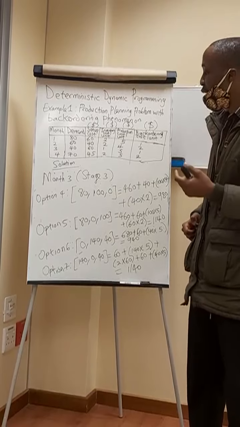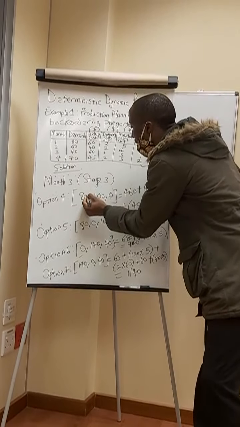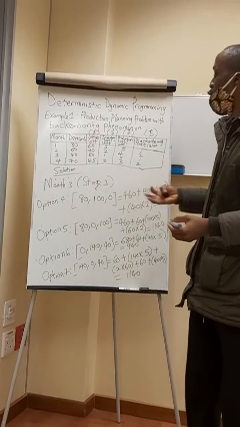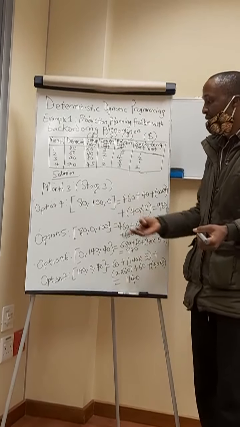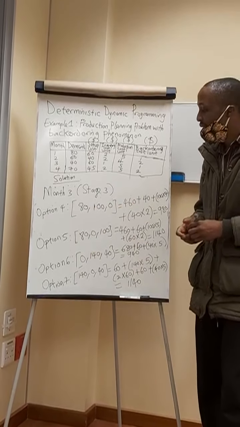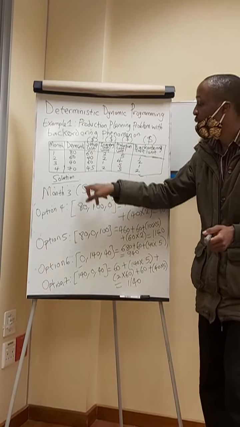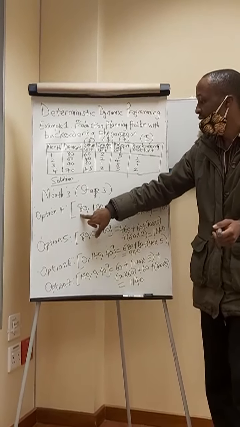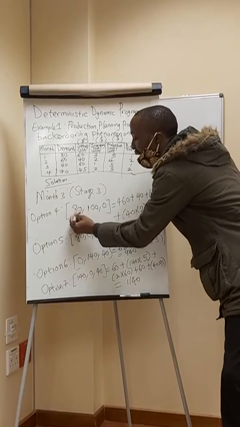How about if we meet the demand of month 1 in the best possible way, and go ahead and produce what is required in month 2 and 3 in month 2? We can consider that option. And that is what this option 4 is saying, to meet the demand of month 1 in the best possible way. And remember, when we meet the demand of month 1 in the best possible way, we only produce 80. And that is what this 80 that you are seeing there is saying.